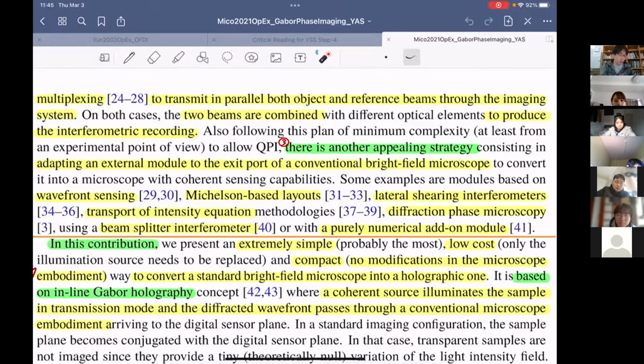And then here, also following this plan of minimum complexity to allow QPI, there is another appealing strategy, right? The third item. So when you read from the beginning through the end, sometimes you are going to meet the structure of the paragraph or the items, but you can clarify it by numbering it.